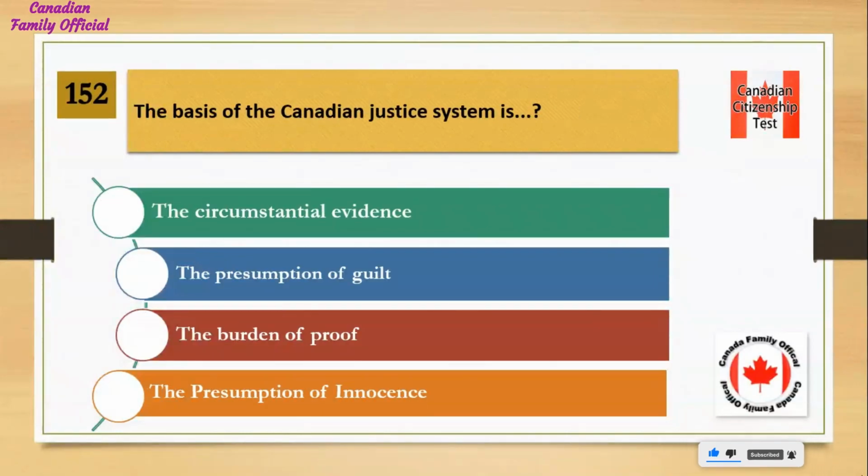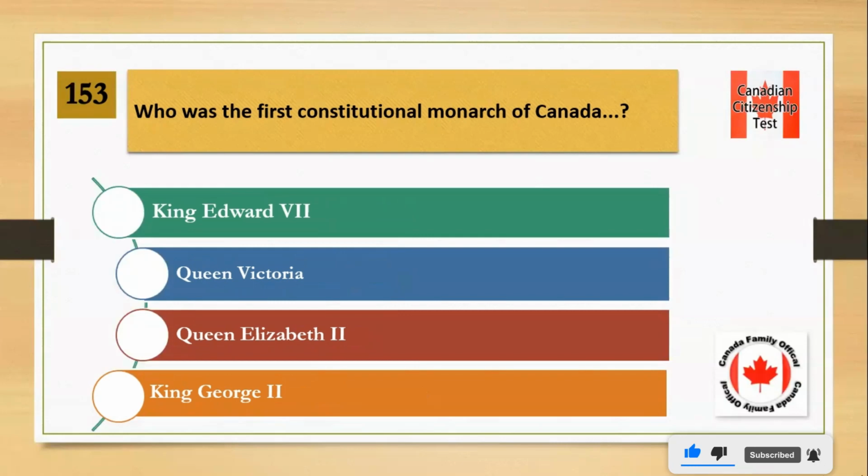The basis of the Canadian justice system is Number 1 the circumstantial evidence, Number 2 the presumption of guilt, Number 3 the burden of proof, Number 4 the presumption of innocence. And the answer is the presumption of innocence.